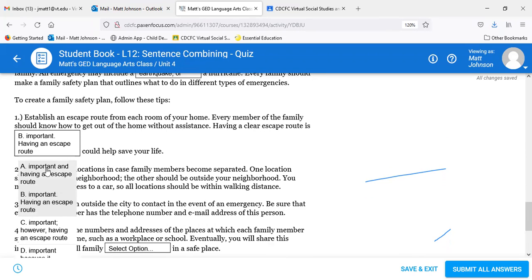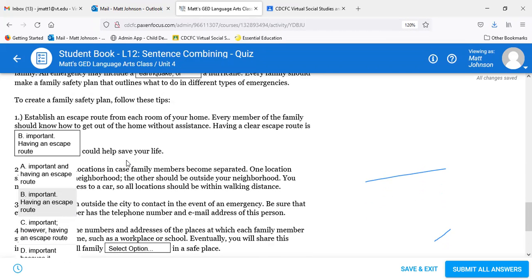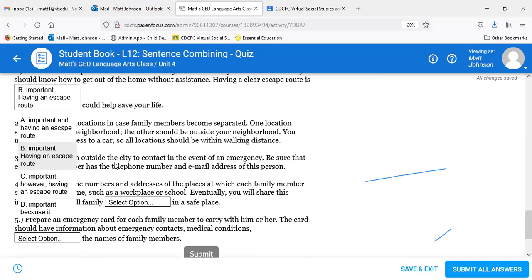The first one here, you would want a comma. So you could do that, but you'd want to put a comma and have an escape route. Actually, that's weird because C would work as well. Having a clear escape route is important. What about D? So I see what they're trying to do here, which is emphasize that having an escape route, right?